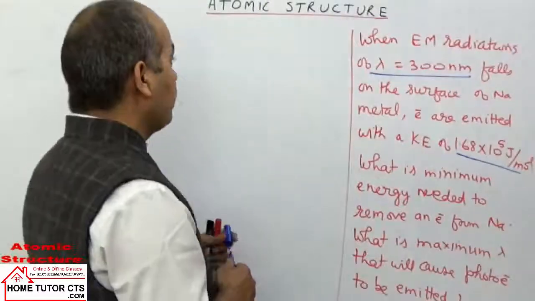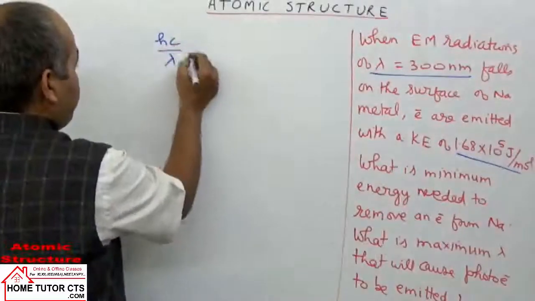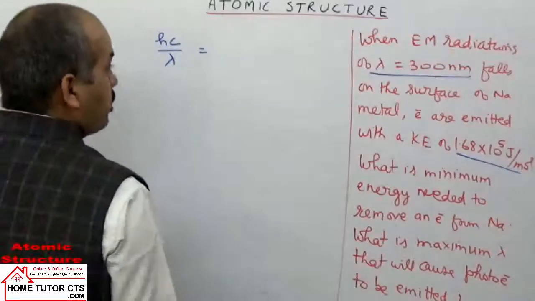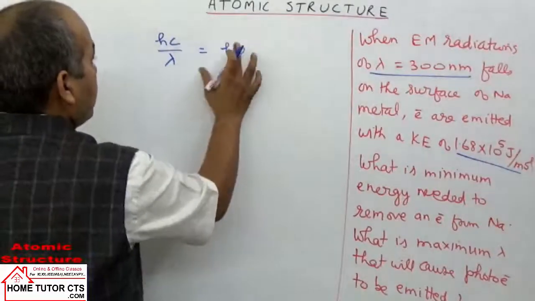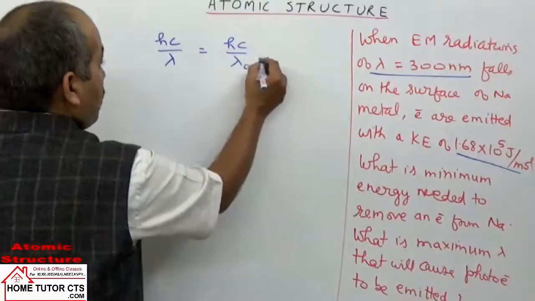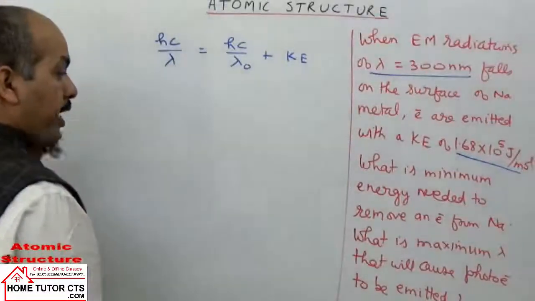Applying this relation, we can write hc by lambda is equal to threshold energy h nu naught, or you can write directly hc by lambda naught plus kinetic energy. This can give you the direct answer.